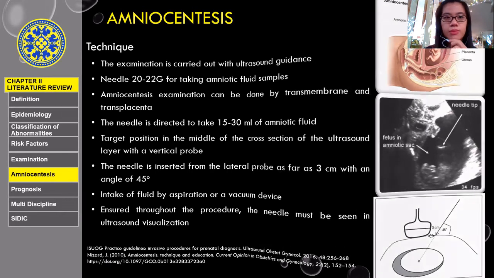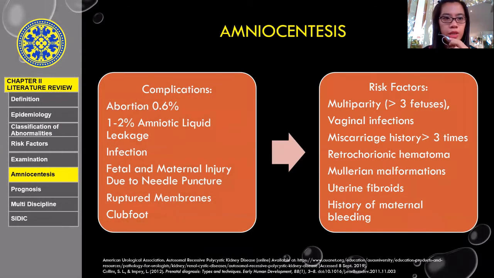And the complications that can happen from amniocentesis are abortion, around 0.6%, amniotic leakage, infection, fetal and maternal injury due to needle puncture, ruptured membranes, and club foot because of the reduction of the amniotic fluid itself.